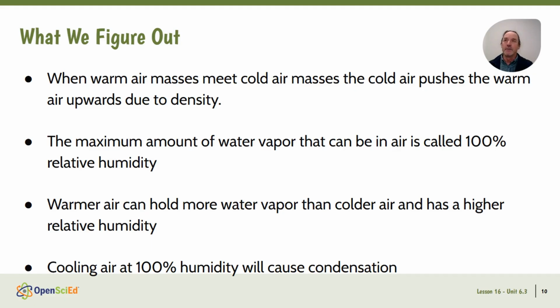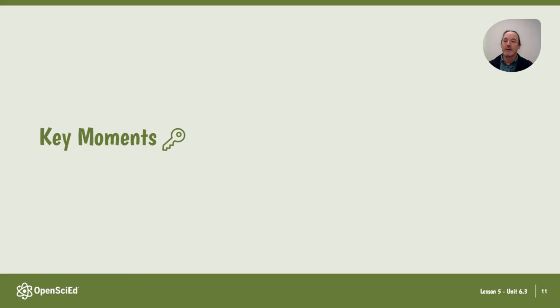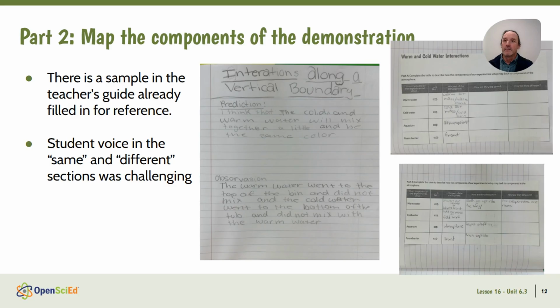Let's check out those key moments. Here we go. The first one that I chose is part 2, where they map the components of the demonstration. And don't skip or underestimate the importance of this. If you really want kids to understand why you're using aquariums and water to talk about air masses, you can't skip this part.